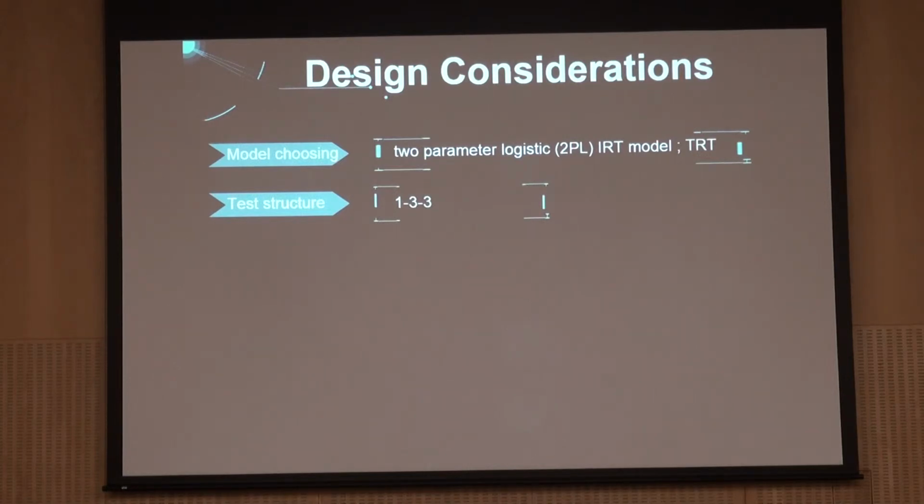Luecht and Lancaster suggested that increasing the number of stages generally increased the measurement precision of MST, and the psychometric gains need to be balanced against the increase in complexity of test construction. Another one is the number of modules.